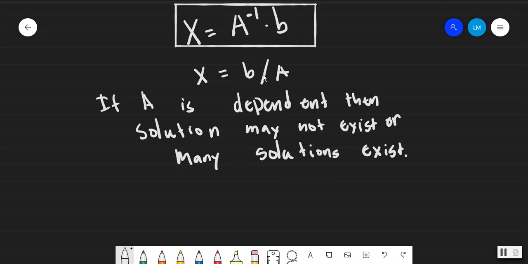Okay, so these are basically the cases that might exist as it relates to solving a matrix just by doing A to the -1, multiplying it by B, and then saying that that's your x. You might get a message back that says that the matrix is singular, but basically that means that the matrix cannot be used.